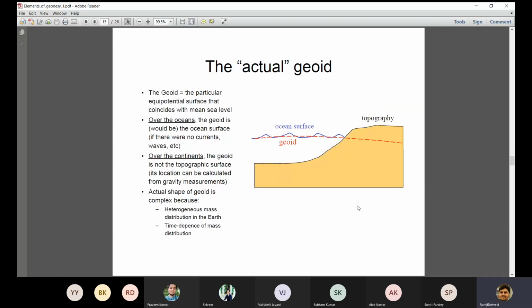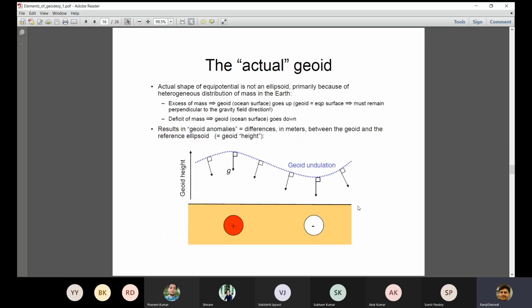Then the variation between the geoid and topography, we have already explained multiple times, so no need to revise it again. It is the actual height, I mean the ellipsoidal height and the orthometric height. Your local work cannot be done in ellipsoidal height, it has to be in orthometric height.